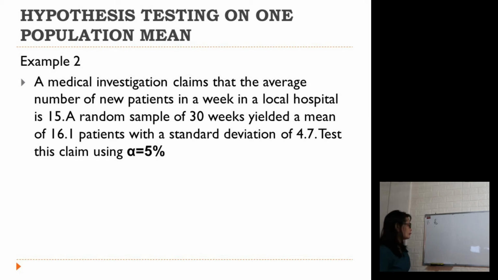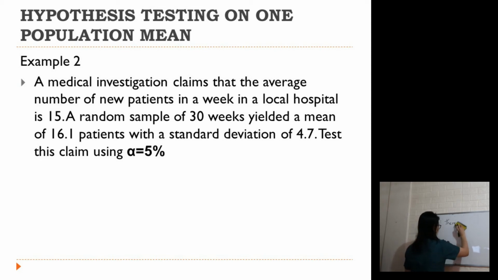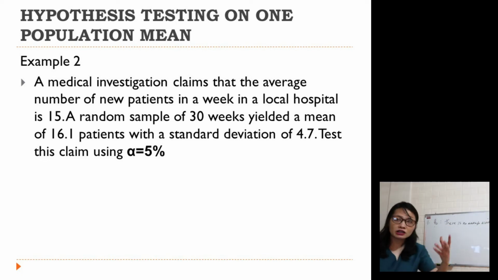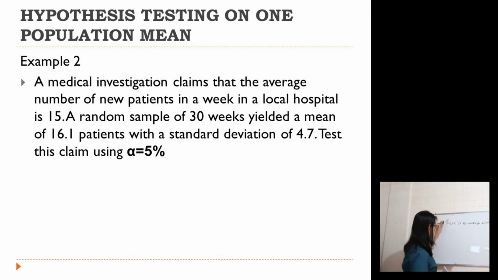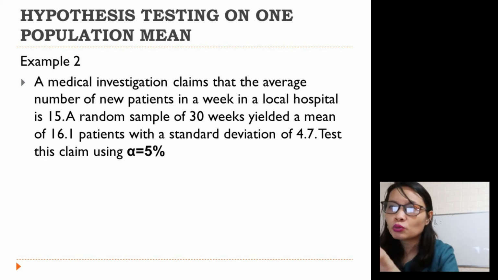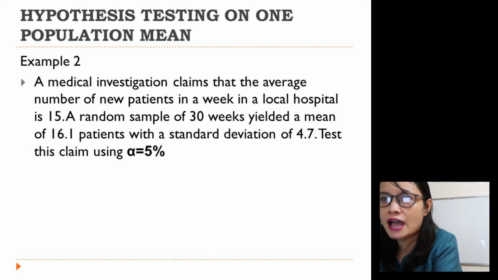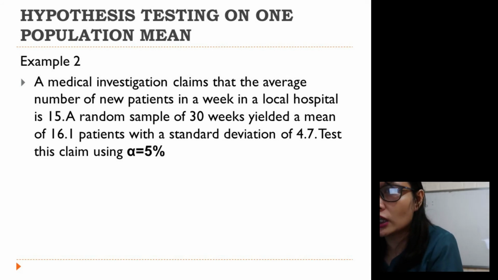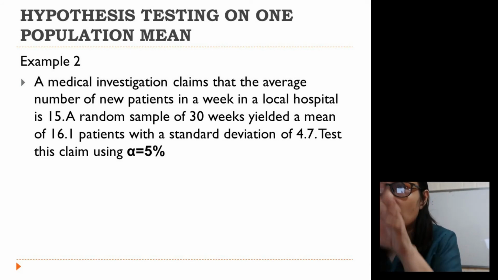So there is no enough evidence. Okay, pwede naman yan, pwede yung ganyang umpisa. Or pwedeng statement based on the problem that we have. A medical investigation claims that the average number of new patients in a week in a local hospital is 15. So what will be your H0 based on the problem?